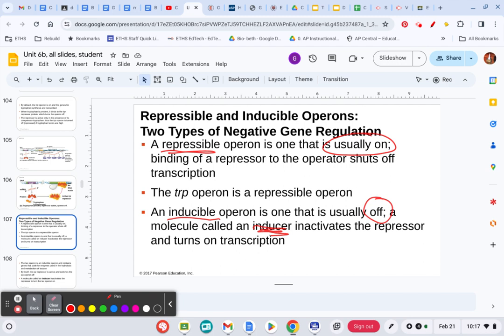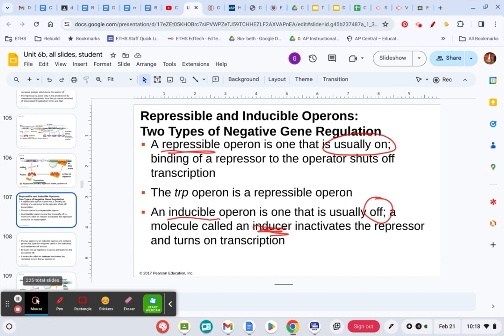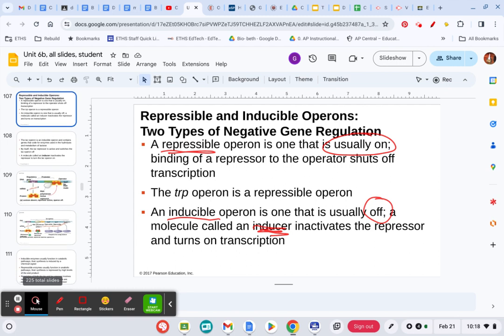It's only under rare or semi-rare circumstances that you would need to turn on that series of genes and produce those proteins. They're usually not necessary. Sometimes you do, but for the most part, you don't. So we want to keep that operon turned off most of the time. In what cases would you need it? All right, so I will give you an example. Hopefully that won't be too confusing.